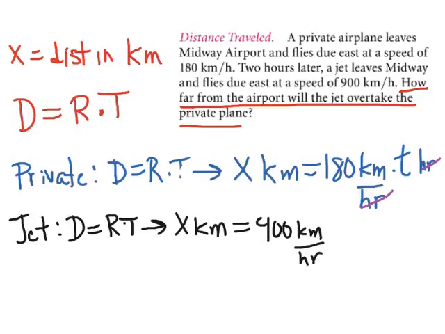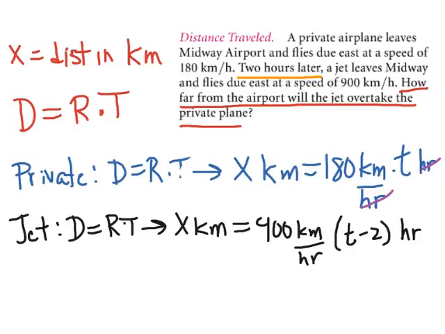But what's his time? What a lot of people would be tempted to do here is put t for time. But that's not quite right. What it needs to be is t minus 2 hours. Why t minus 2? Because 2 hours later, the jet hasn't been in the air as long as the private airplane. The private airplane left first.